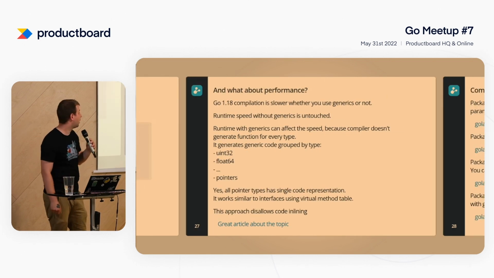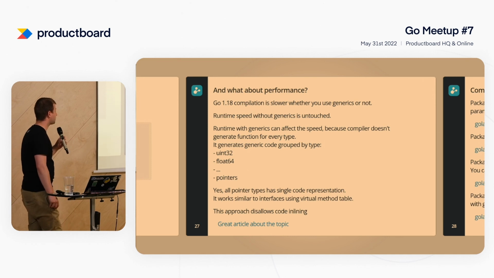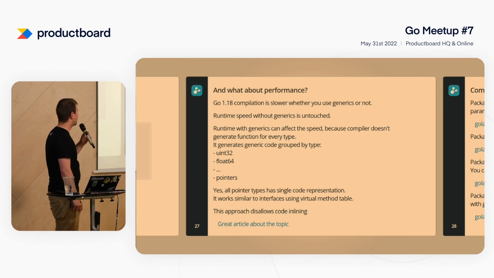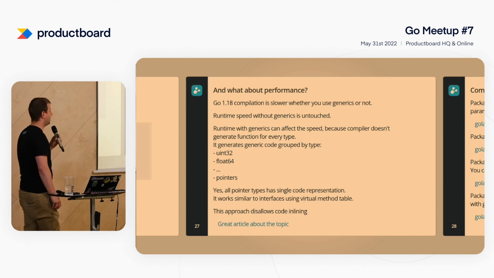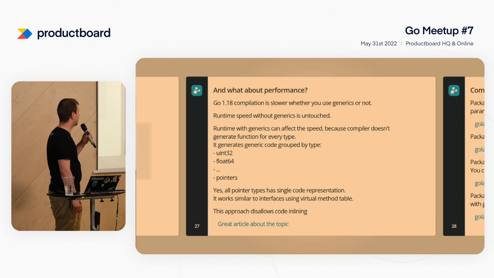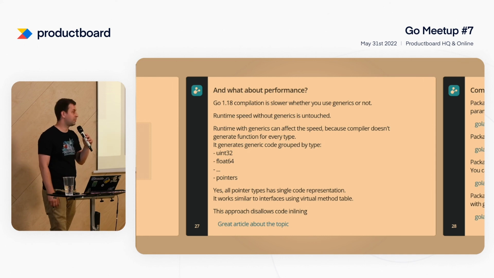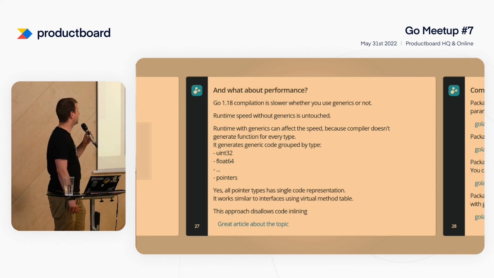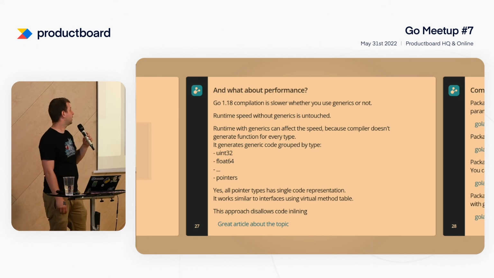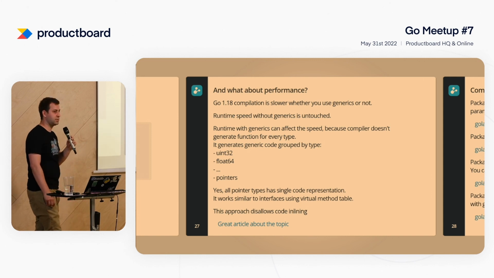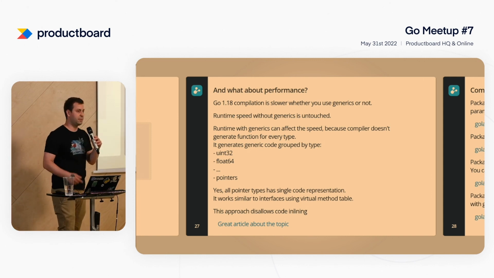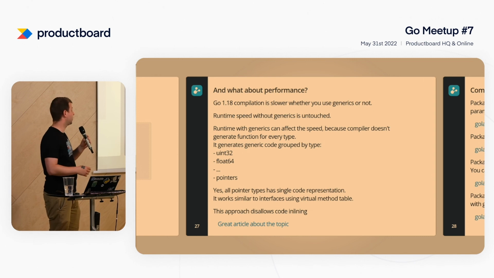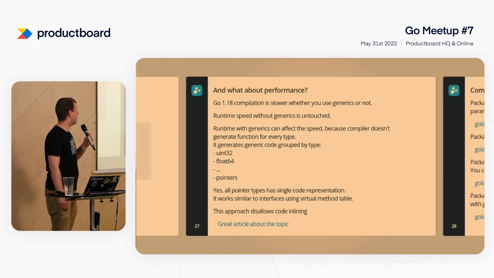And I mentioned the performance. The sad news is that since Go 1.18 the compilation is slower, and it doesn't matter if you use generics or not. The good news is that the runtime speed without generics remains the same. Actually, it can be faster because there were some improvements in Go 1.18.